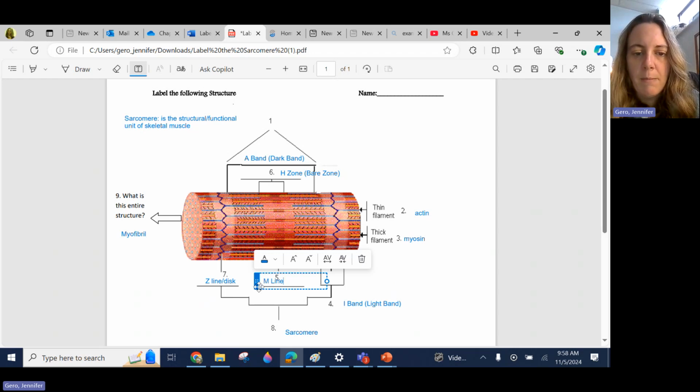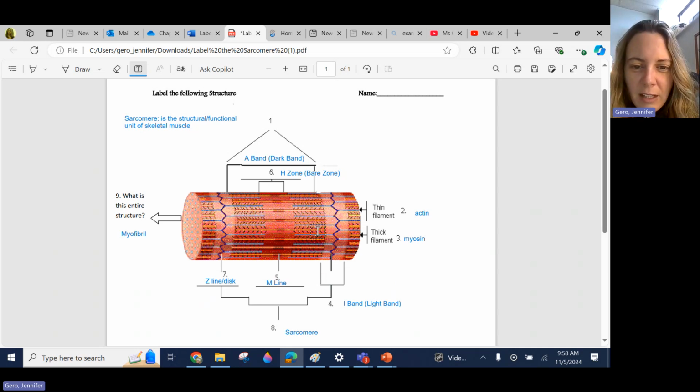M line, M for middle. And so what happens when skeletal muscle contracts, you can kind of see these little heads on the myosin. They reach down and grab onto actin and they pull it. So let's say that my face is the H zone or the bare zone. Right now it doesn't have any actin in it. And my nose would be like the M line.